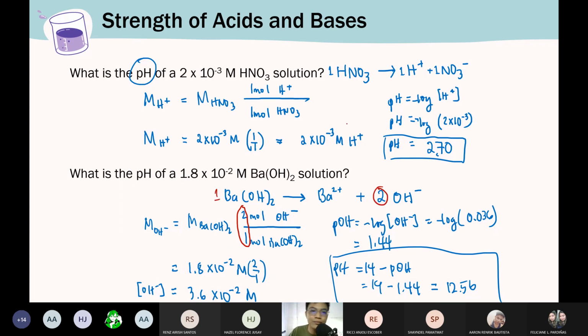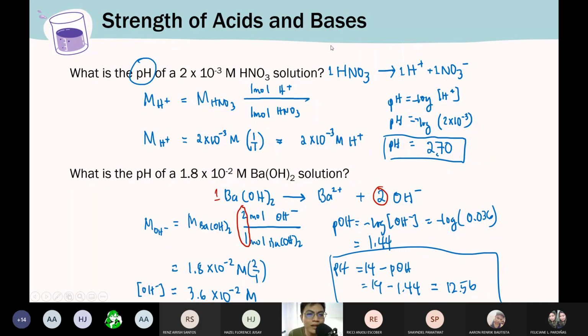So yung mga coefficients, they are very important because they will tell you the correct amount of your ions. So hindi sila i-disregard. Diba sa equilibrium, kinonsider din natin yung coefficients? So ganun din dito.